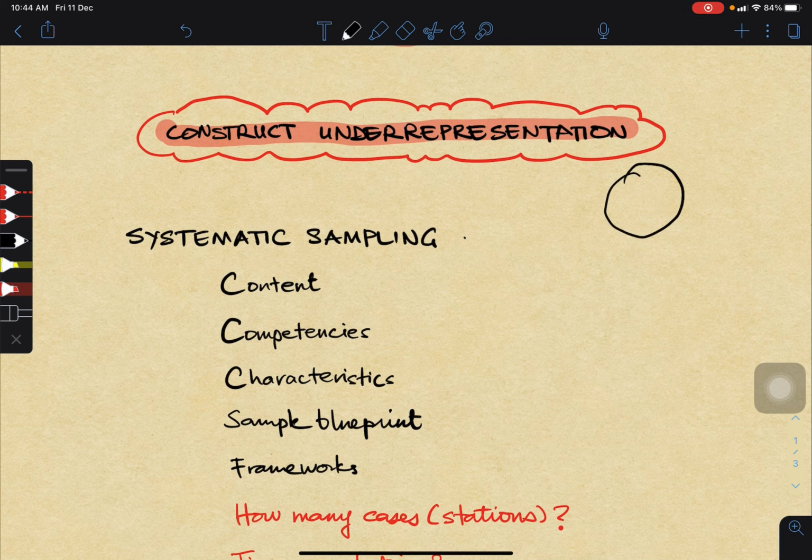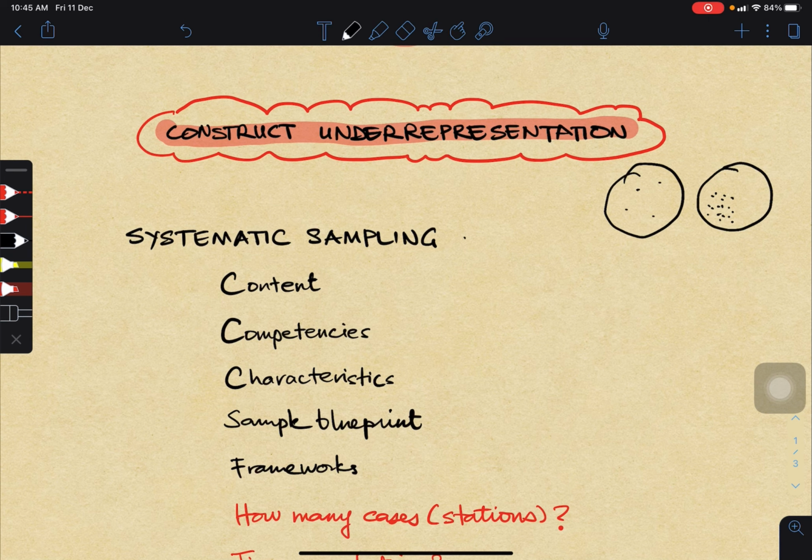you might not be sampling enough. This circle is the domain of your construct. You might not be sampling enough, or in another way, your sample is enough, but you are just sampling one area of the domain or your area of interest.